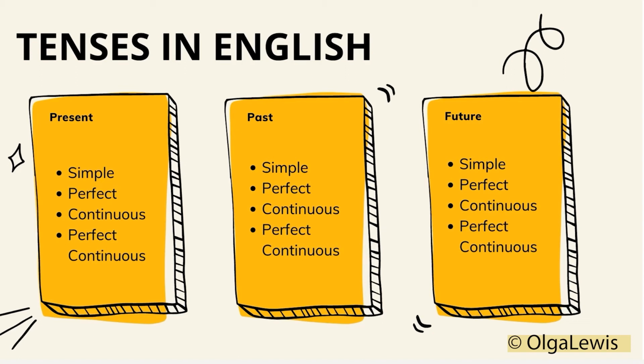Okay? The same goes with past perfect. Use past perfect when you're talking about an action that began at a certain point in the past before another past action. And this action, which is past perfect continuous, lasted for some time too. The same goes for future perfect continuous.